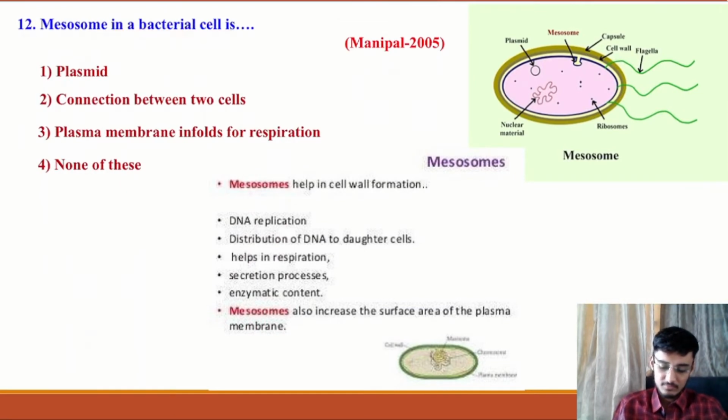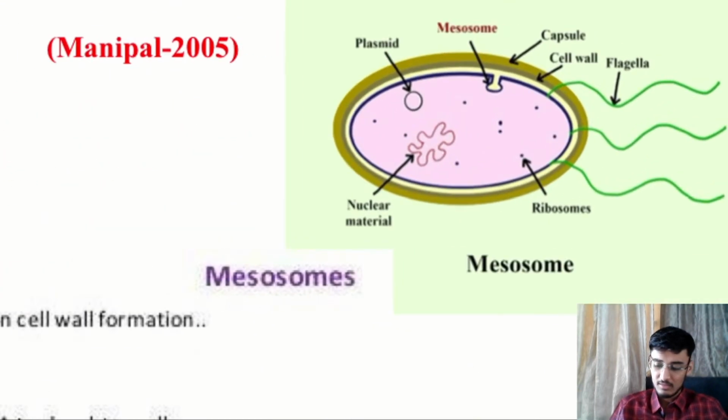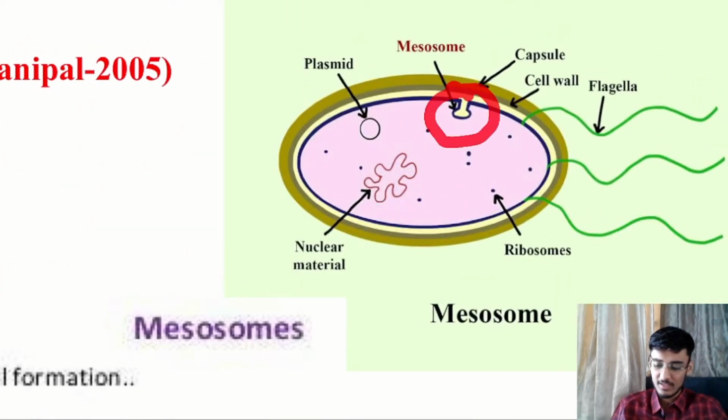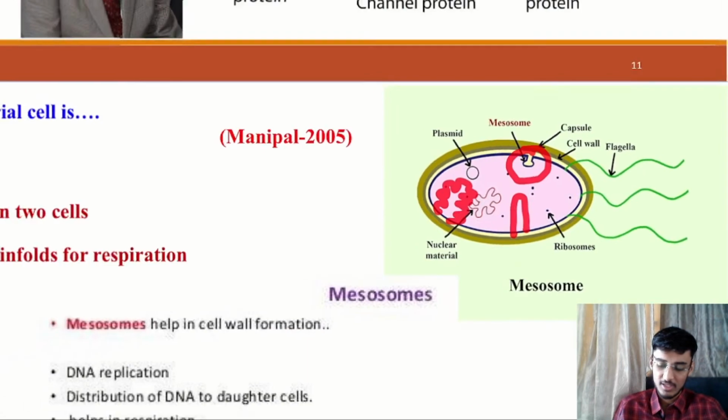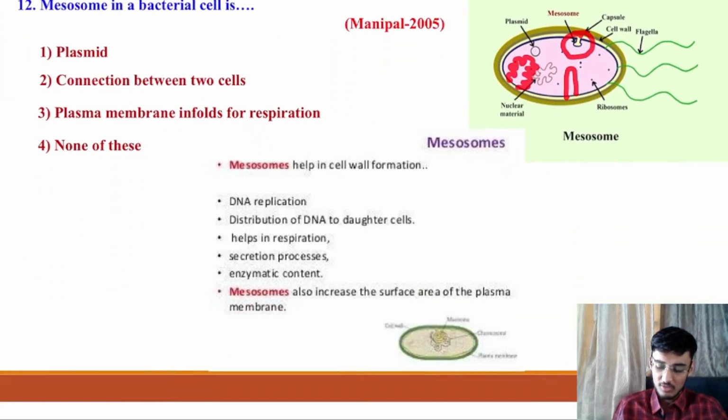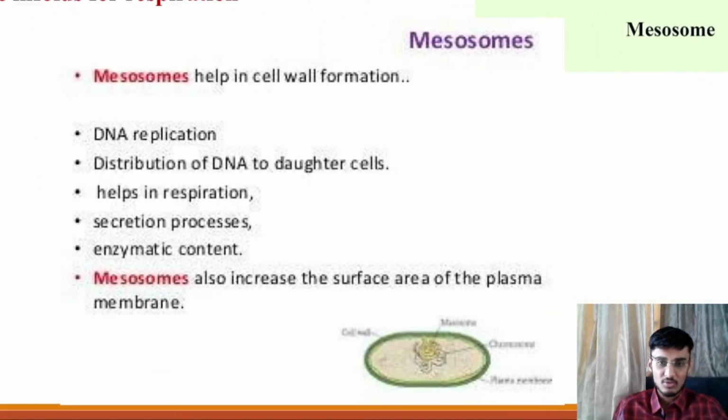Mesosome is in the bacterial cell. It is a different type of structure present in bacteria. You can see this is a vesicle-like structure, this is a tube-like structure, and this is a lamellar structure. There are 3 types of structure in mesosome. What is the function of mesosome? DNA replication, distribution of DNA to daughter cells, helps in respiration, secretion, enzymatic content, and increases the surface area.